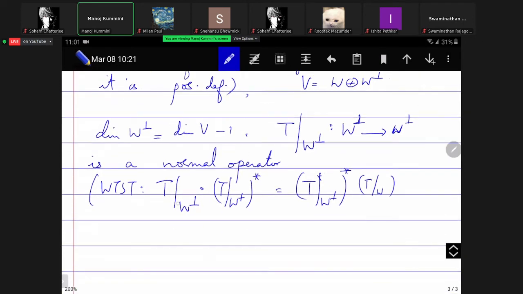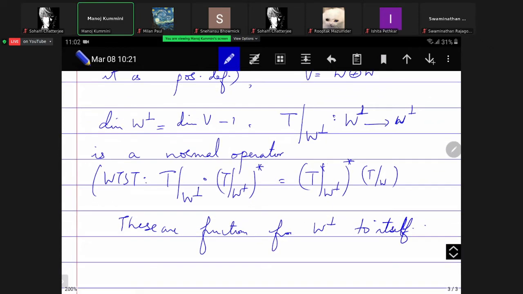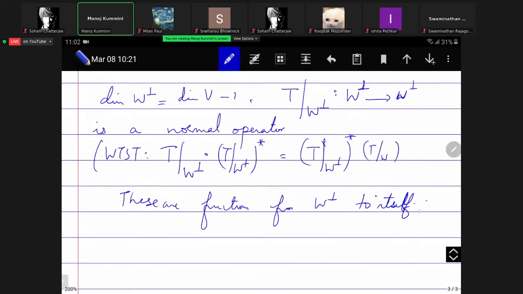These are functions from W perp to itself. And if you want to show that two functions are equal, it means that for every input, they give the same output. So it's enough to show that T restricted to W perp composed with its adjoint, applied to some U, equals this thing applied in the opposite direction.